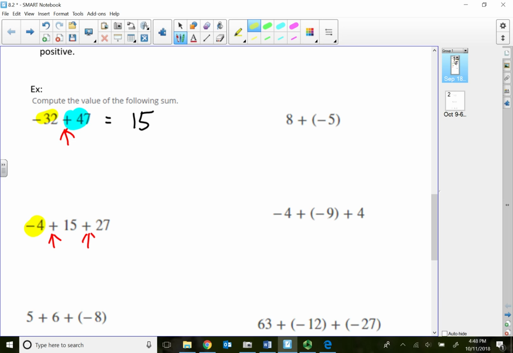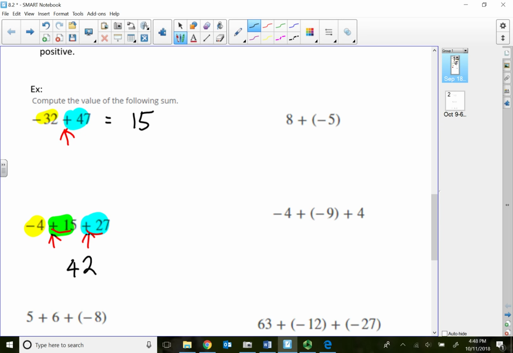My first term is negative 4, my second term is positive 15, and my third term is positive 27. So I'm going to combine my positive 15 and positive 27 first. So here we're simply going to read 15 plus 27. 15 plus 27 should be 42.